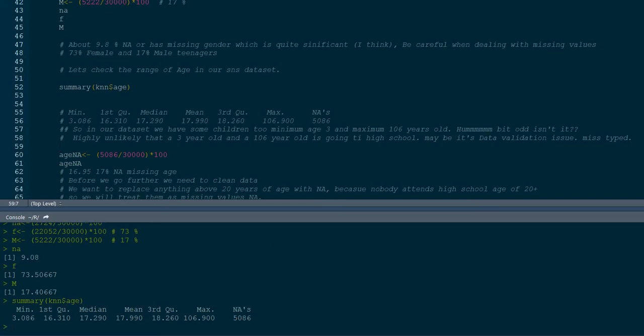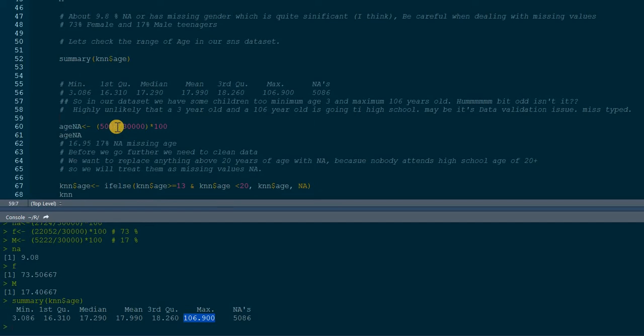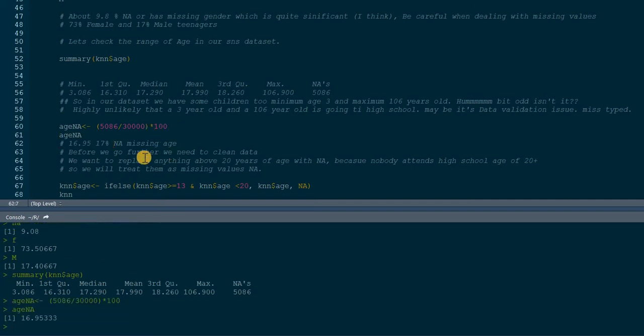So it is highly unlikely that somebody at the age of 3 would attend high school, and at the age of 106 would attend high school as well. If you calculate 5,086 divided by 30,000, that gives about 17% missing age, which is quite a significant number.